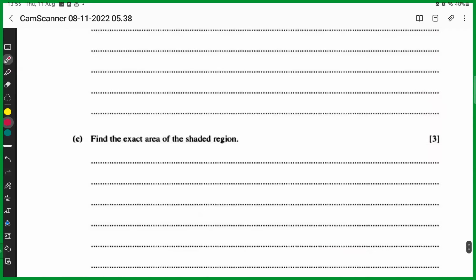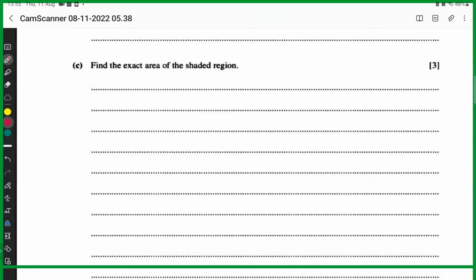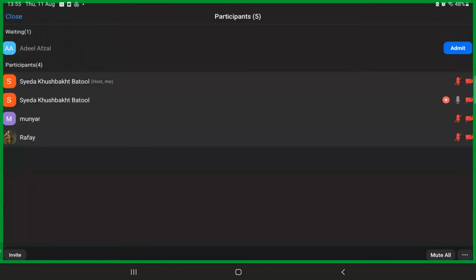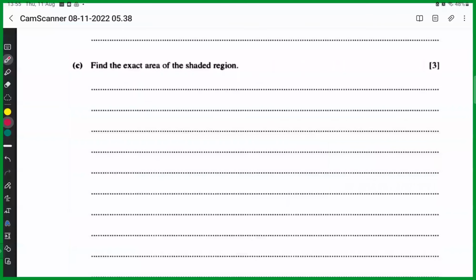Okay, all right. And for the C part, it says find the exact area of the shaded region. So were you guys able to do this part? Yes, miss. Okay, 1 second. Let me quickly write down the answer so you can check if you were getting the right thing or not. The shaded area should be r squared into pi by 3 minus 1 by 2.